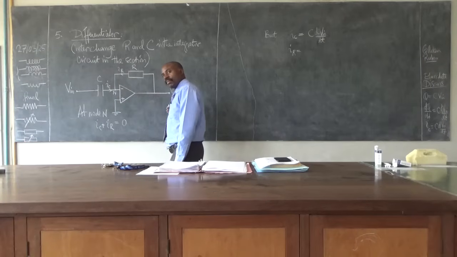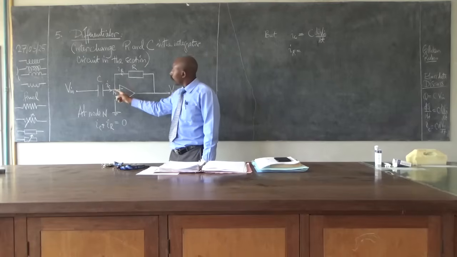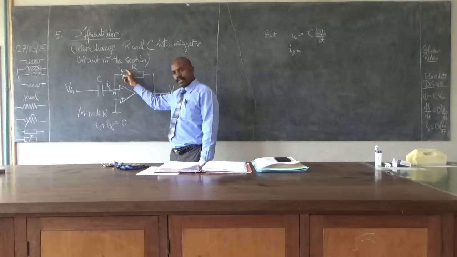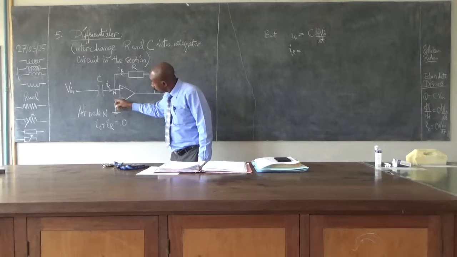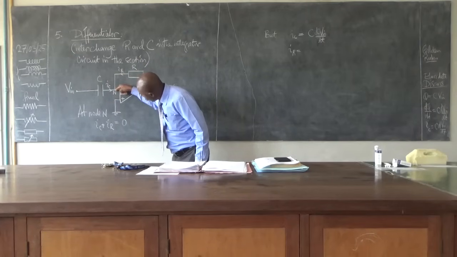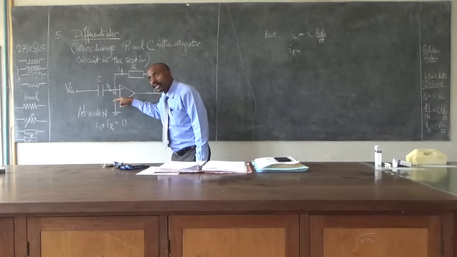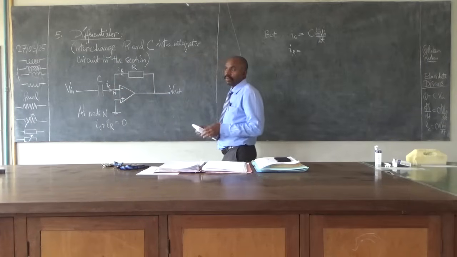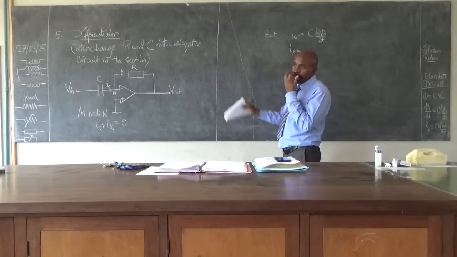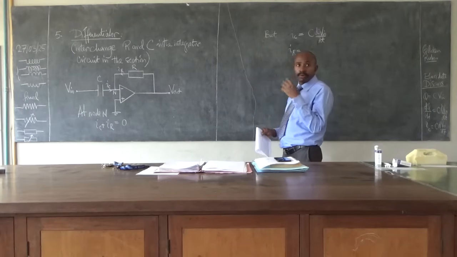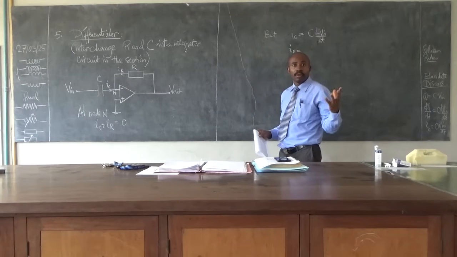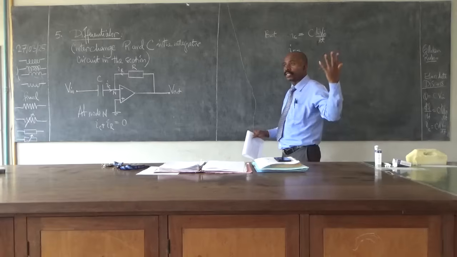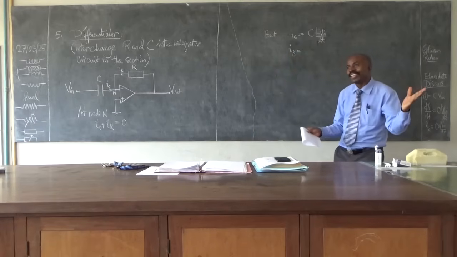So V out minus Vn over the resistance gives you IR. But from the golden rules, Vn equals Vp, but Vp is grounded, so Vn is equal to 0. So then you get V out over R. But if you just throw it there and say from Ohm's law IR equals V out over R, then we can now go on.